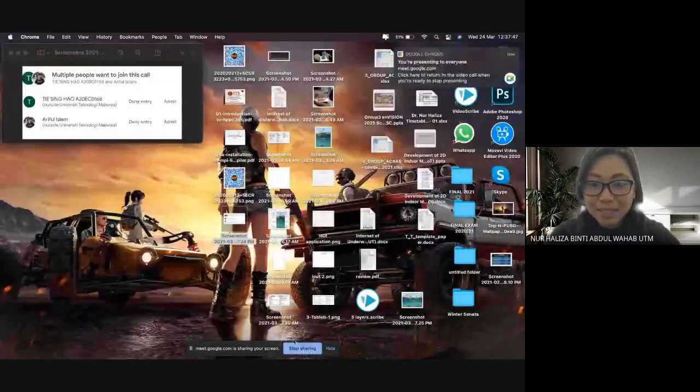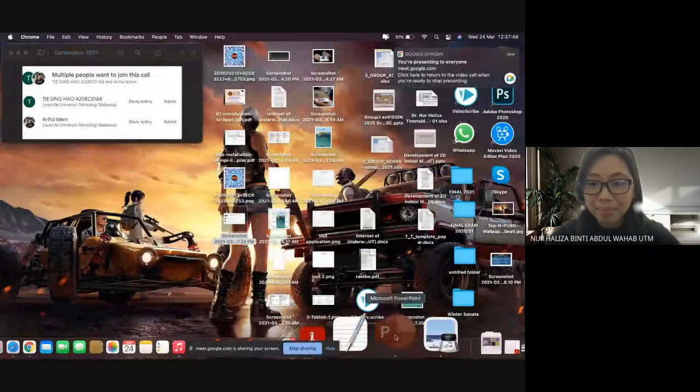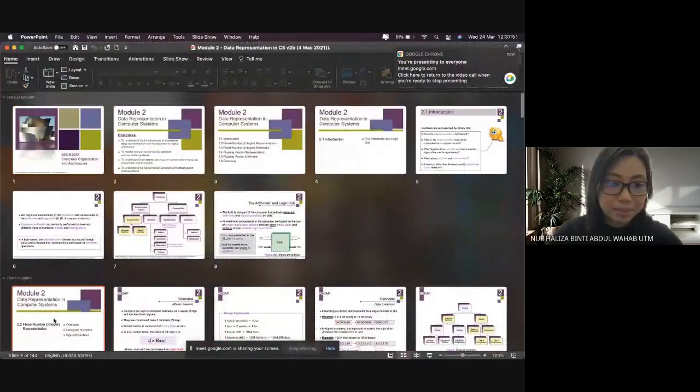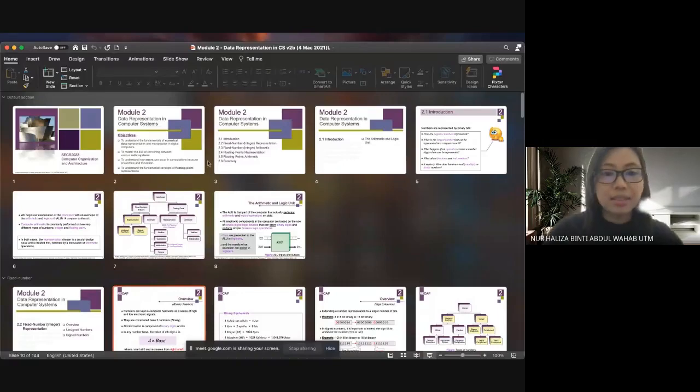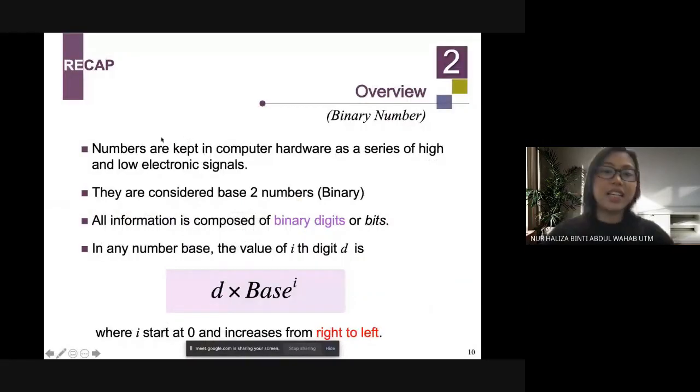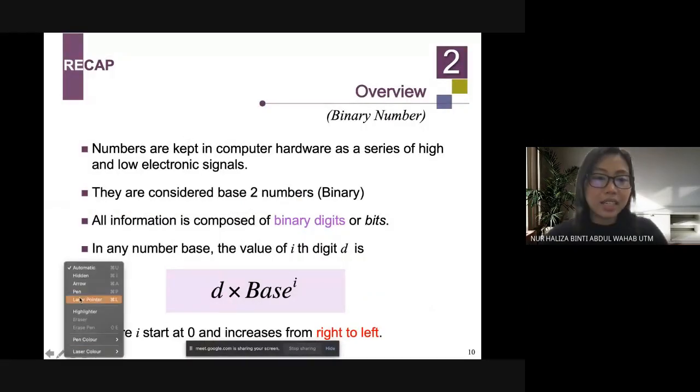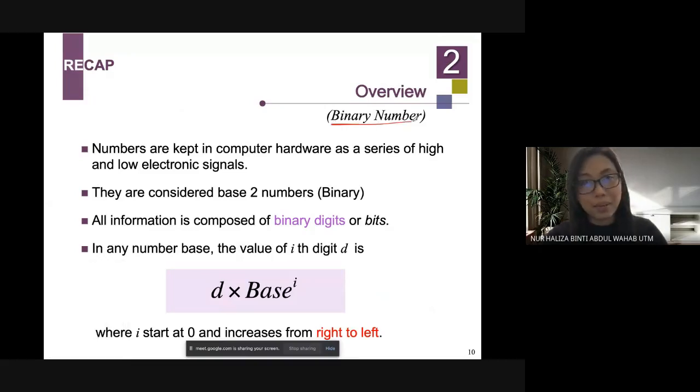Go back to the slide. Okay. Over here, you're going to see that you are learning the numbering. For those who already mastered the numbering system, maybe it's quite boring, because you already learned this in secondary school.